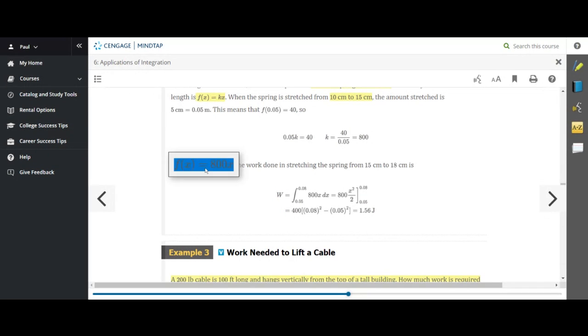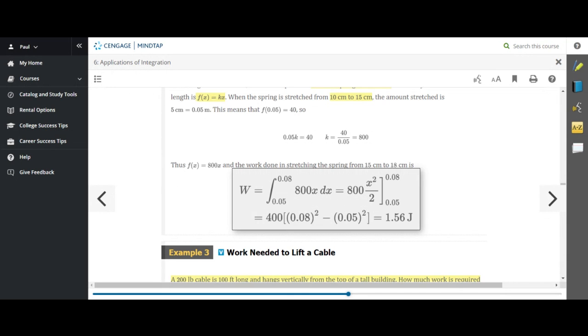Now we uniquely know what the force is for this spring, and it's 800 times X. So the work needed to stretch the spring from 15 centimeters to 18 centimeters would be equal to the integral from 0.05 to 0.08 of 800x dx.